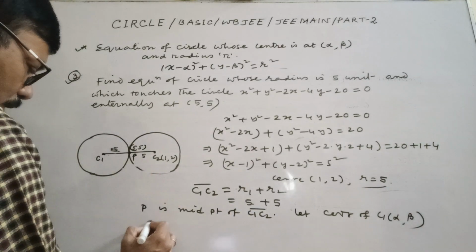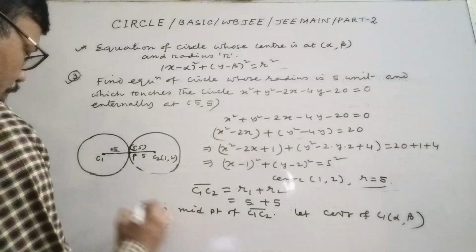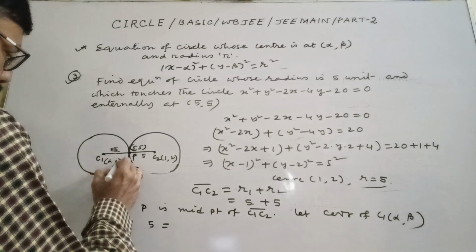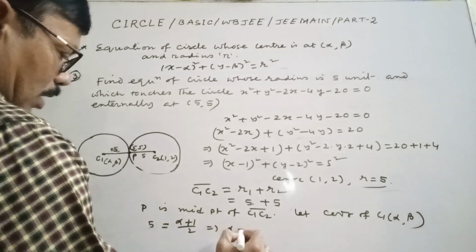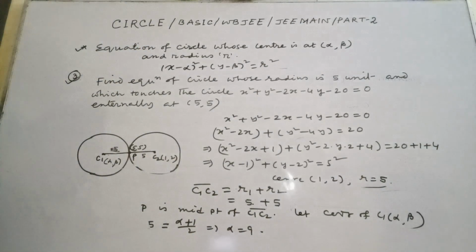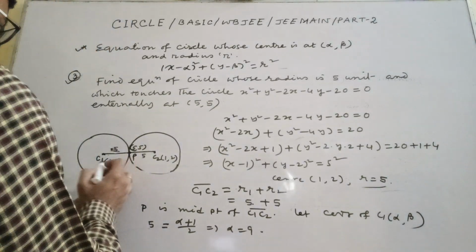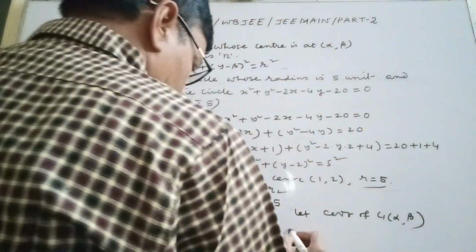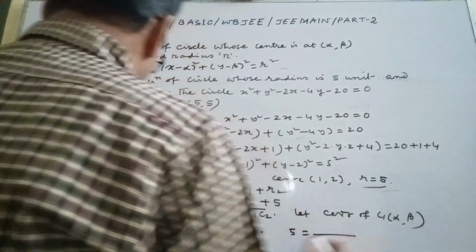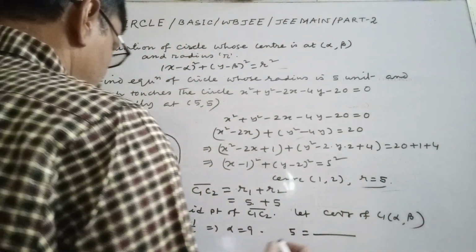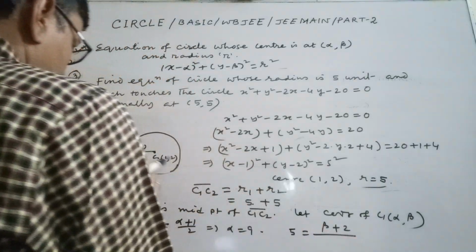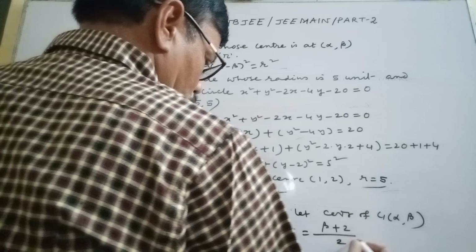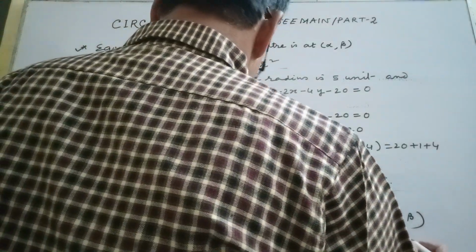So what is the x coordinate? 5 equals alpha plus 1 by 2. So alpha equals 9. Also equating the y coordinate, 5 equals beta plus 2 by 2. So beta equals 8.